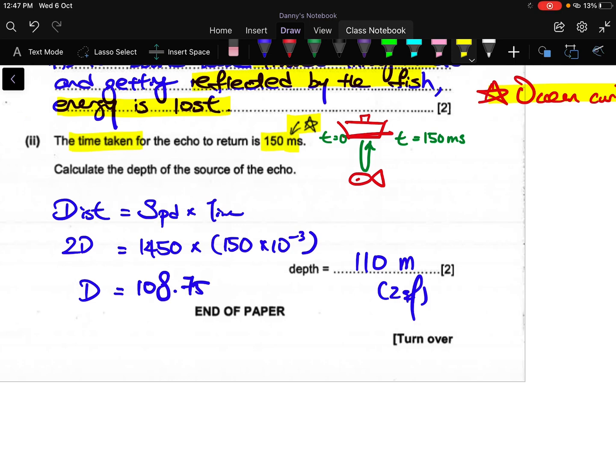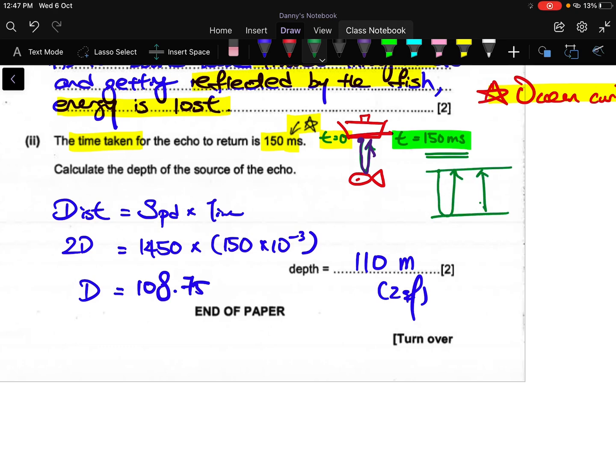So this time taken is for two-way. What do I mean by two-way? Well, the timer starts when the signal is first generated. Signal travels down to the ocean, hits the fish, comes back up. Once the ship detects the returning echo, it stops the timer. So actually these 150 milliseconds cover the time taken to travel down and come back up.